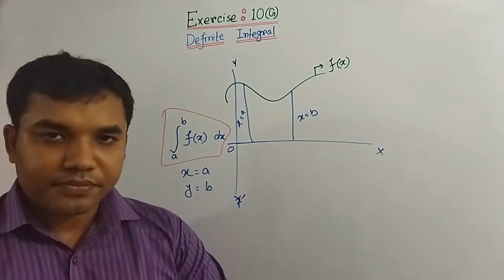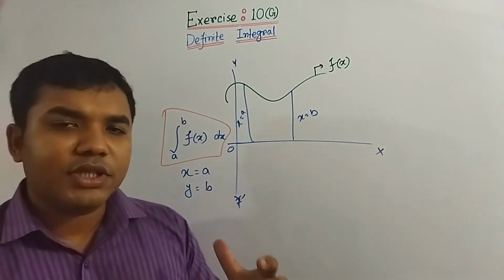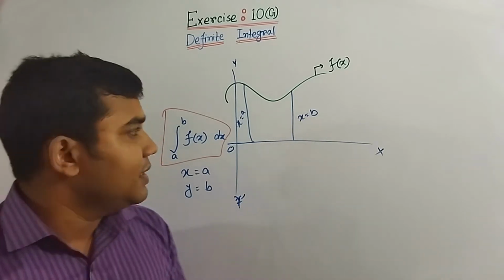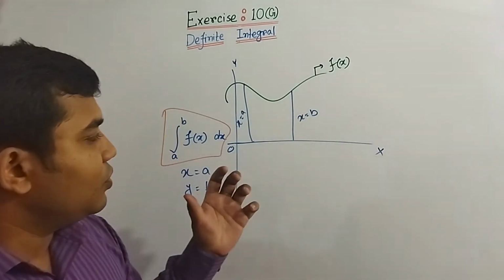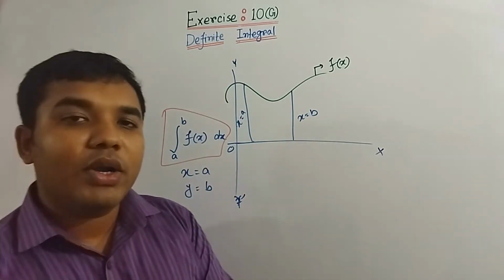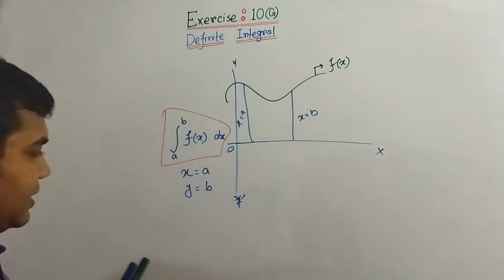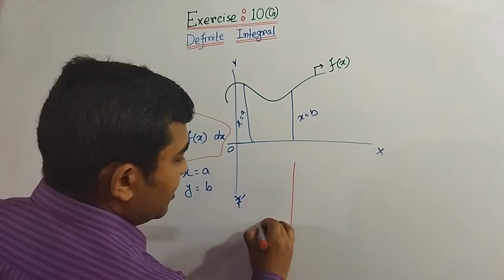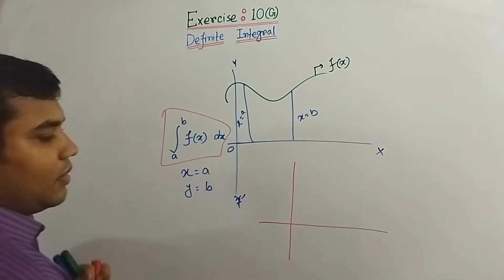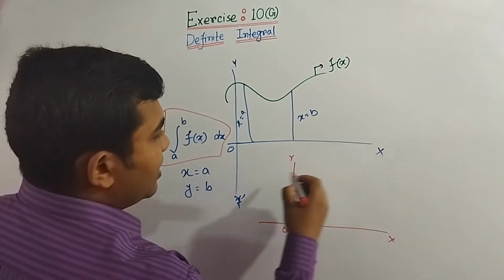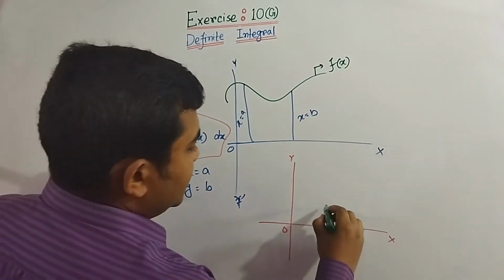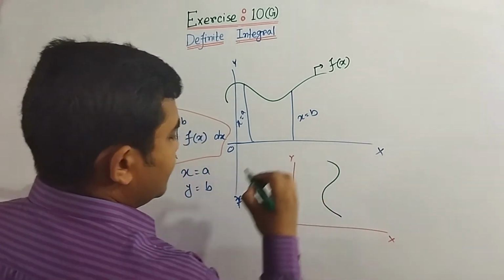Clear? So maybe a question arises in your mind, sir, here it was f of x, but if we are thinking to do something on the y axis, then what about that? For that, say for example that is our coordinate system, x, y, o, and our graph, say for example our graph is like this.